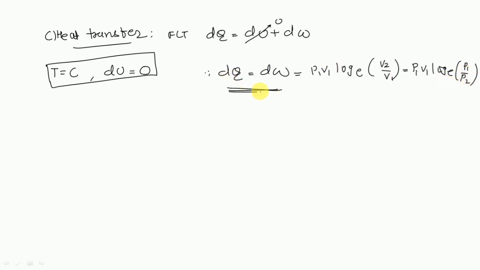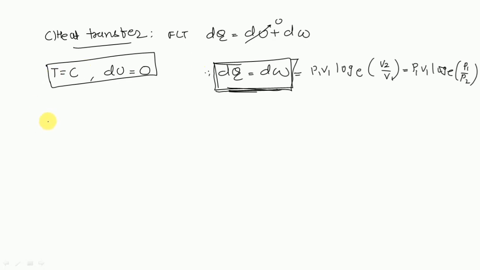Simply we say that for the isothermal process dq is equal to dw. So you need not calculate both separately; whatever the dq is, it equals dw, because the change in internal energy becomes 0 for the isothermal process. So these are all three processes. We started with isochoric, then isobaric and isothermal, and established the PVT relations, heat transfer and work done.